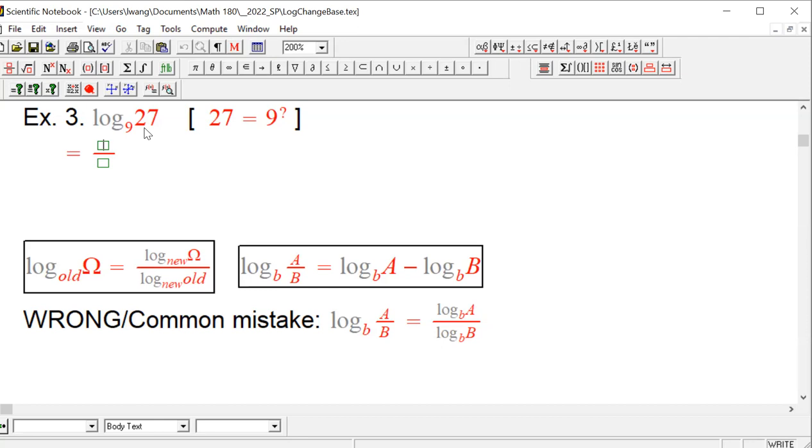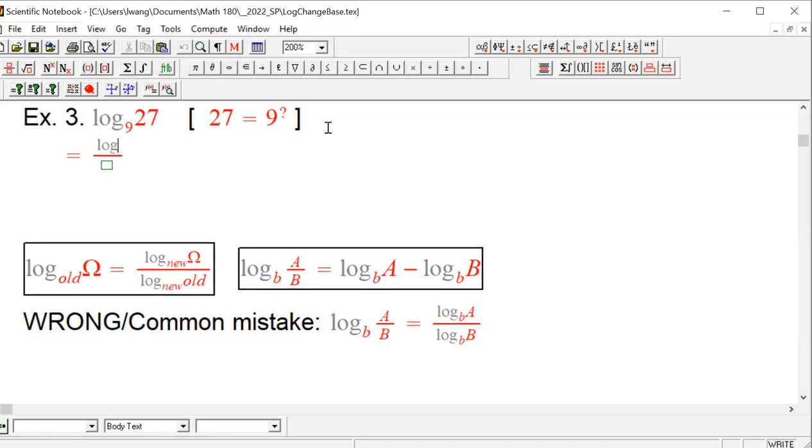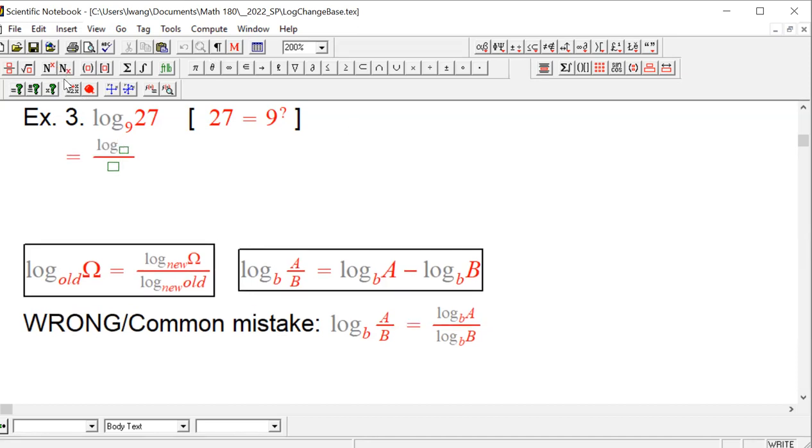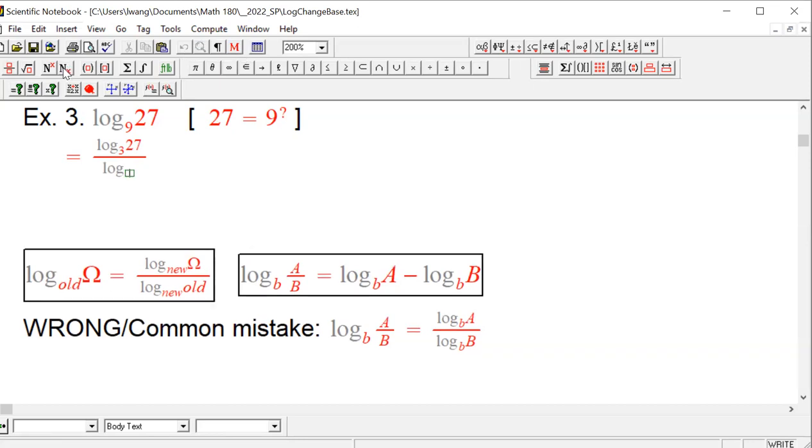The typical academic questions, when you see these two numbers, the base and omega, they have some kind of common base, and that common base now is 3. Say 9 can be written as 3 squared, 27 can be written as 3 to the power 3. So this is the time that, in my opinion, you can think of using change of base. It will make the calculation a little bit easier.